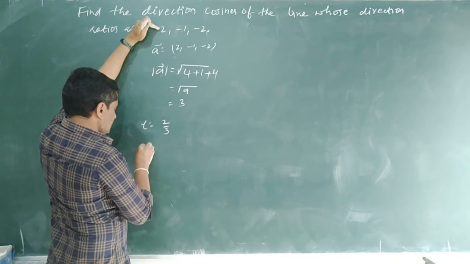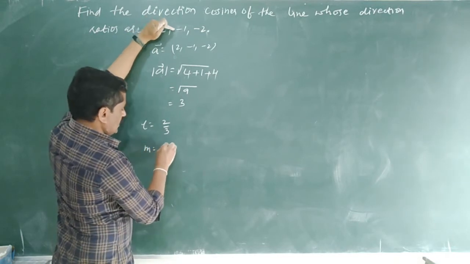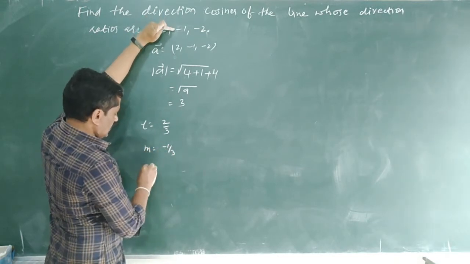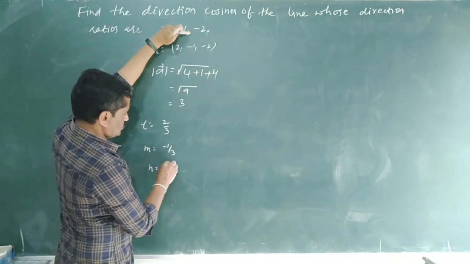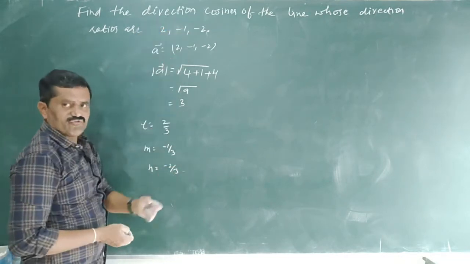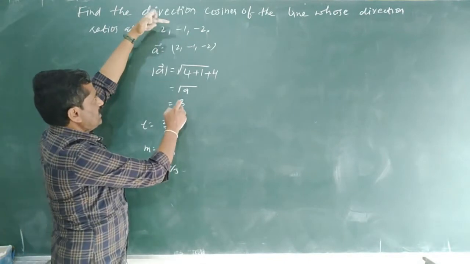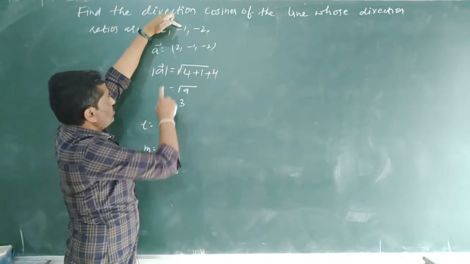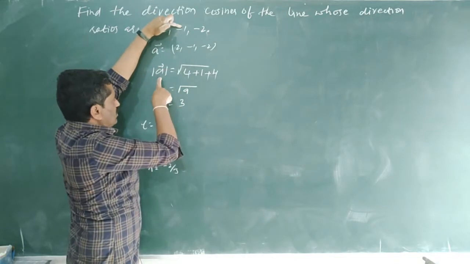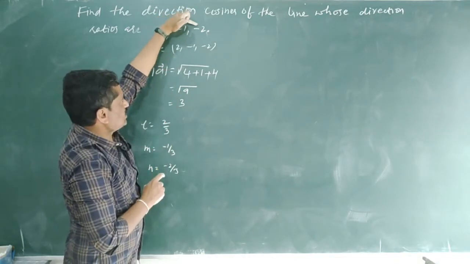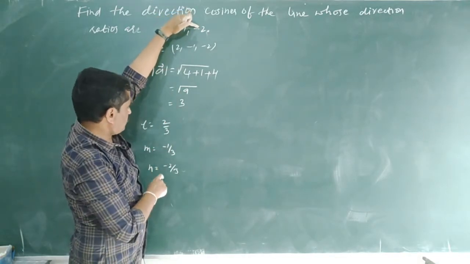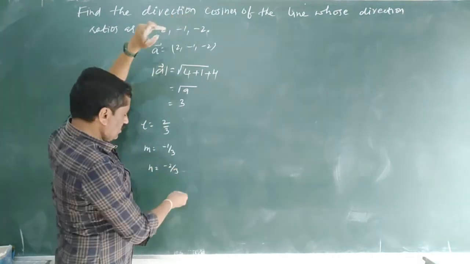Then M is equal to minus 1 divided by 3 and N is equal to minus 2 divided by 3. We have formula L is equal to x divided by magnitude of A bar, M is equal to y divided by magnitude of A bar, and N is equal to z divided by magnitude of A bar.